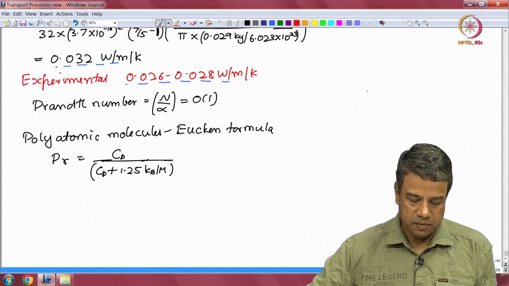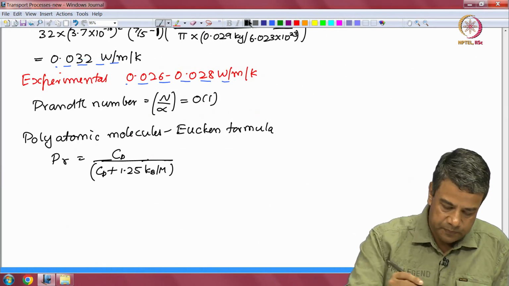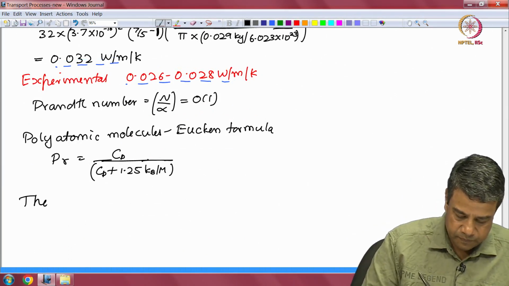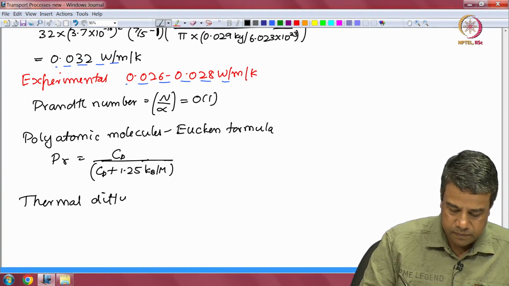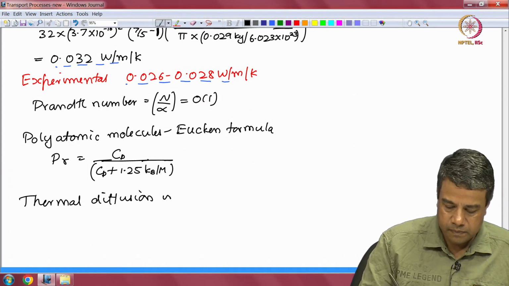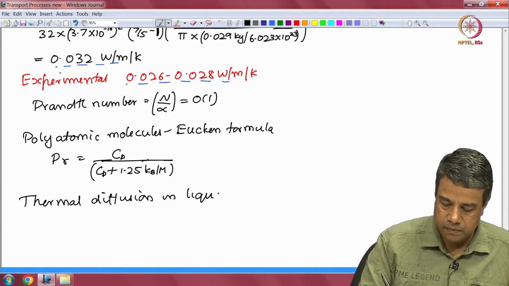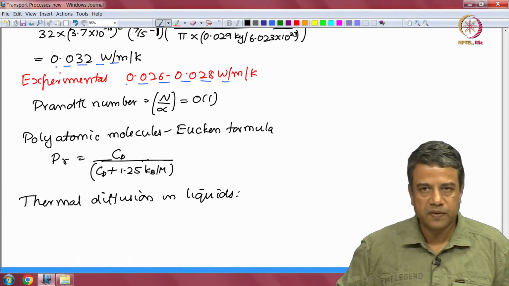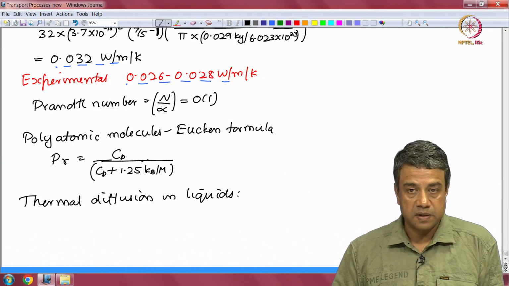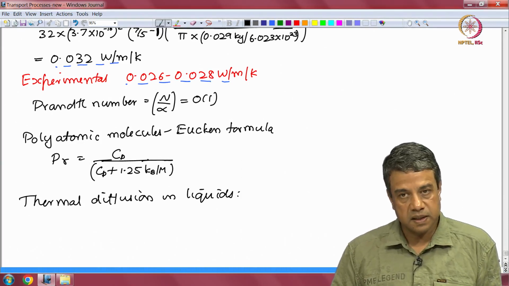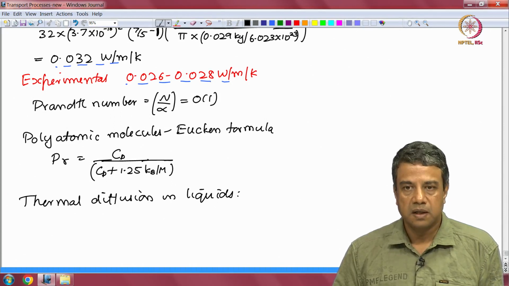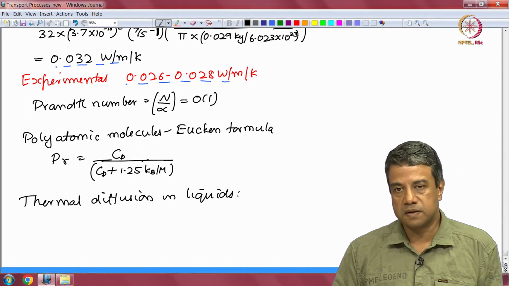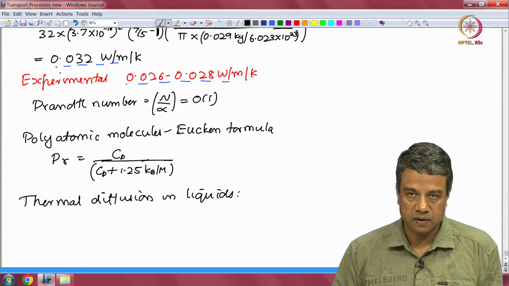Now, what about thermal diffusion in liquids? The diffusivity in liquids is not the same as the mass diffusivity in liquids, because the mechanism of thermal diffusion could depend on the type of liquid.